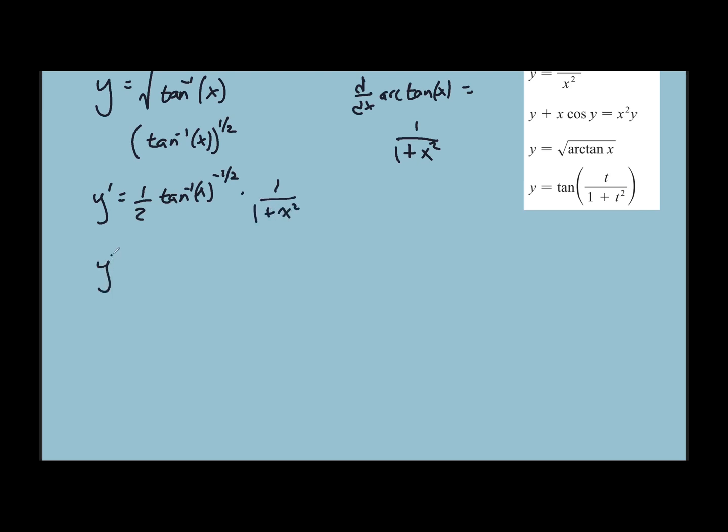So what do we get here? I get y prime equals 1 over 2 root arctangent of x times 1 plus x squared. Like that. That's pretty ugly, but I think that's correct.